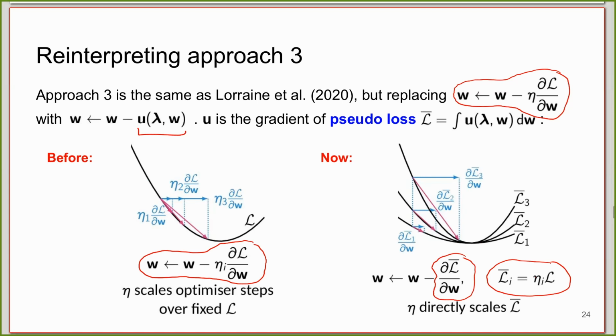It's just an intuitive picture of what's going on. The key thing is that you are always making the same update. It doesn't depend on learning rates or anything, but you work with this update function U that represents the gradient of some pseudo loss that depends on the optimizer hyperparameters.